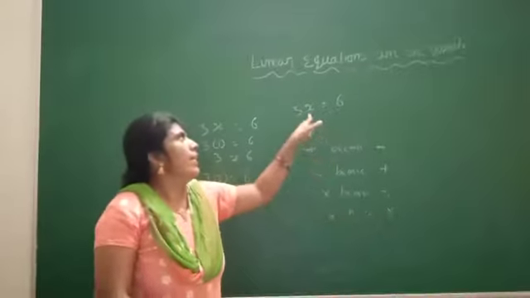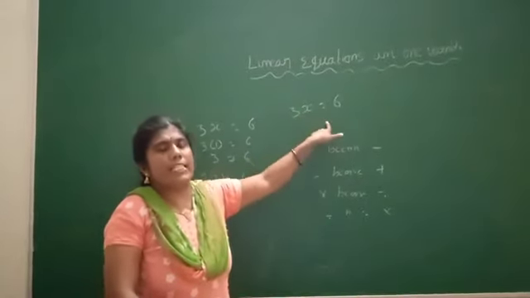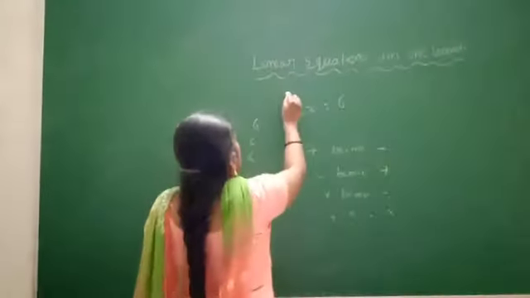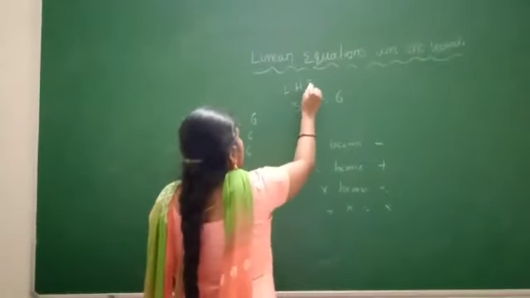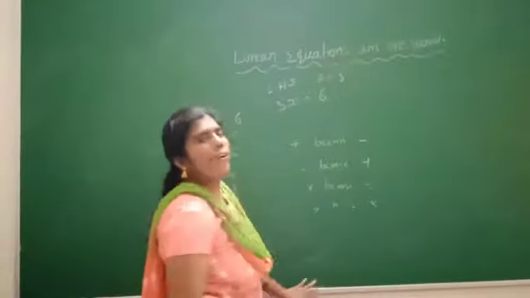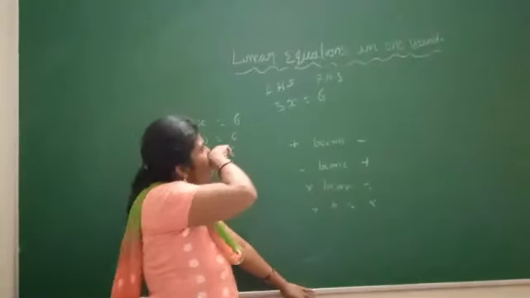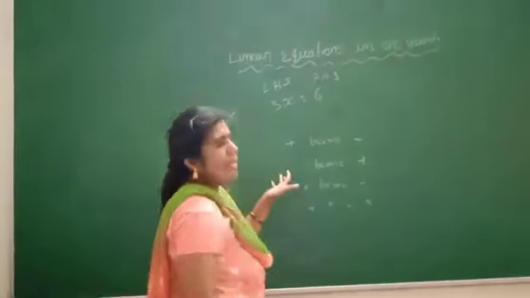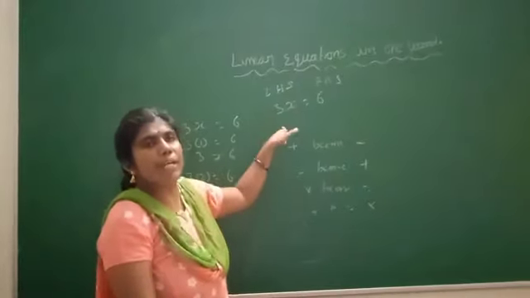Okay, 2x equal to 6. 2x is the LHS, 6 is the RHS. So the first method is trial and error, the second is the transformation method.